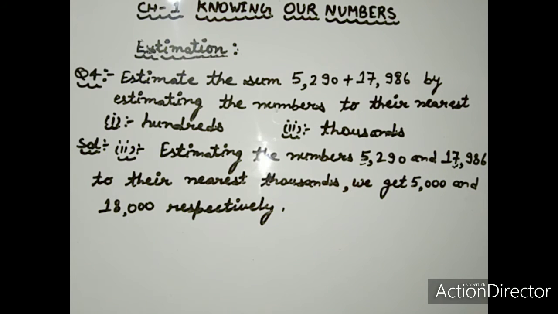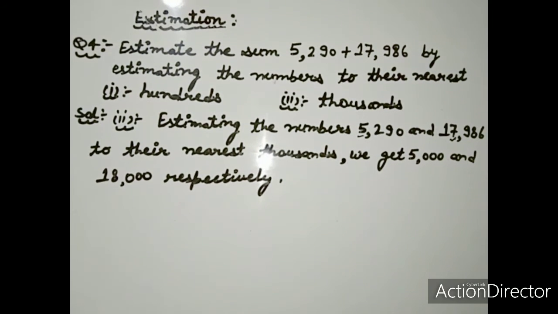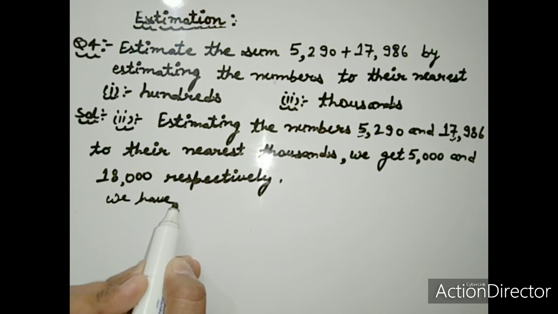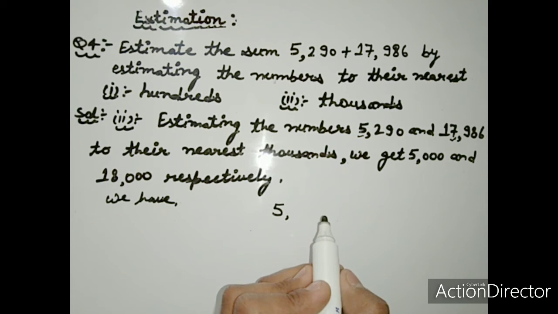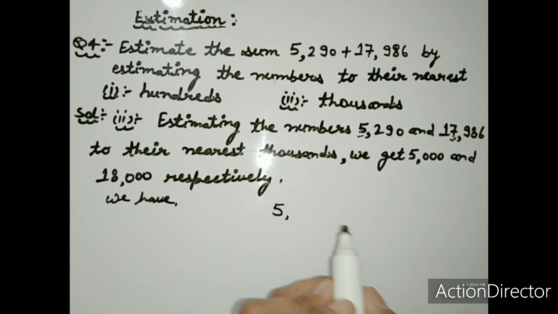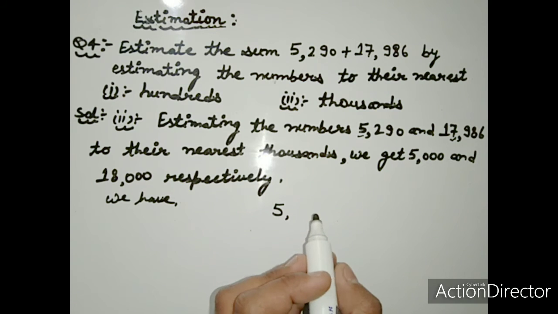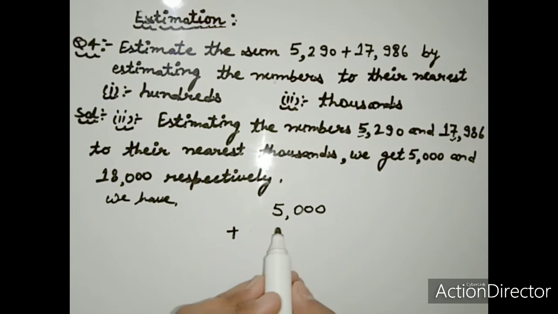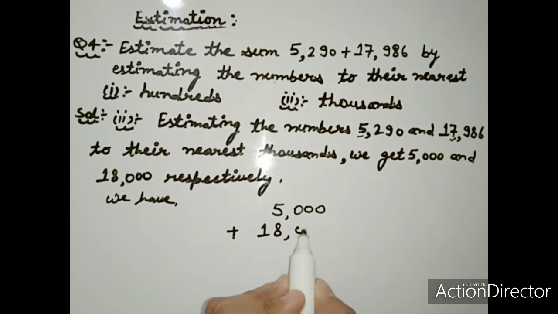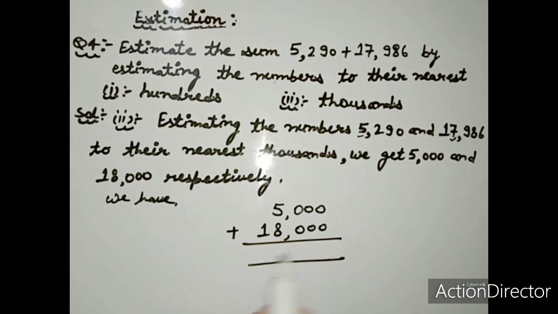Now we add these two numbers, 5,000 plus 18,000.